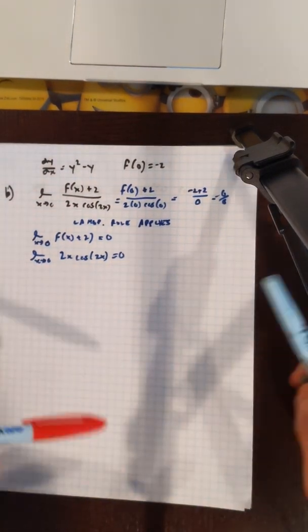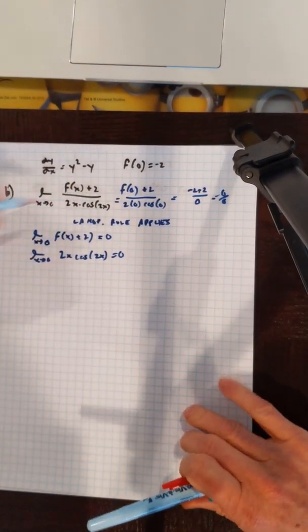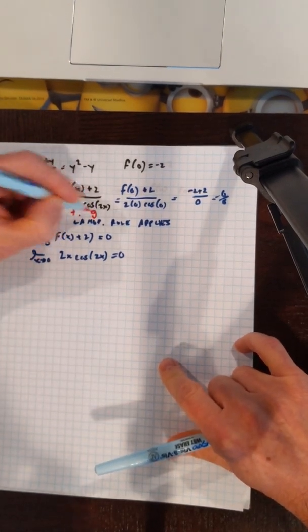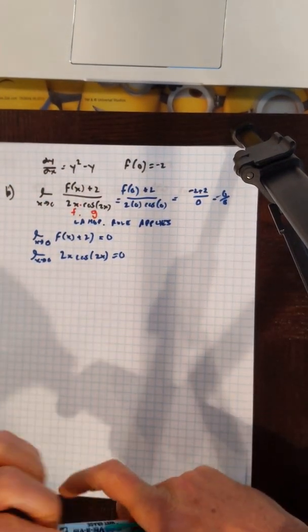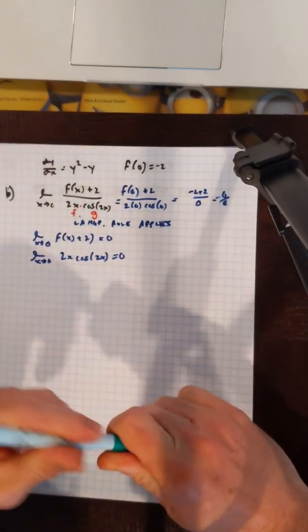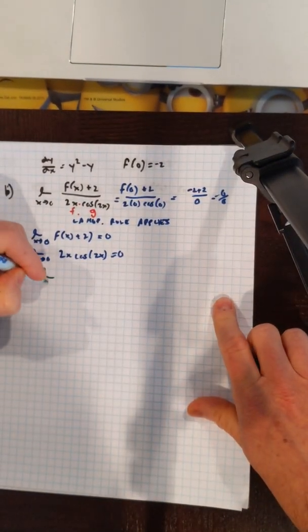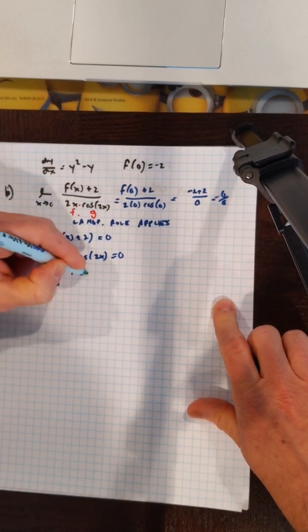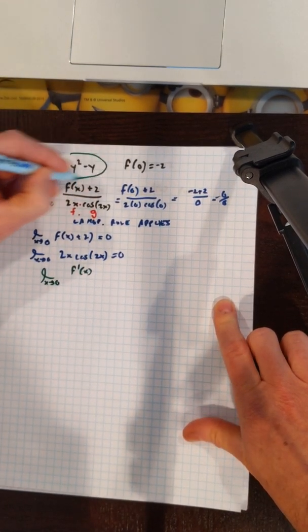I want to emphasize a couple things here. One, look at the denominator. That's a product. You've got an f times g. The top is the derivative of x, which is given right here.